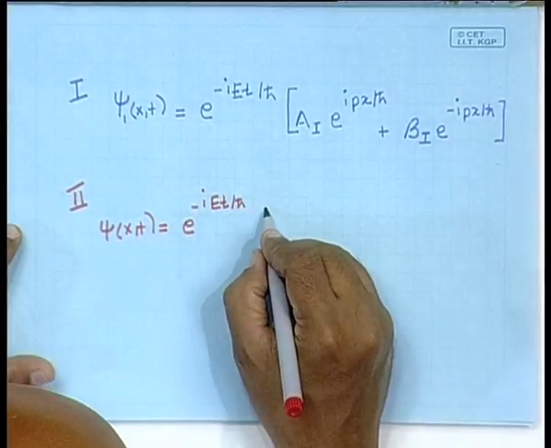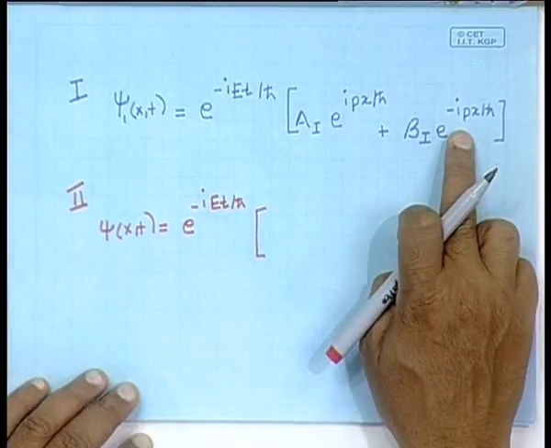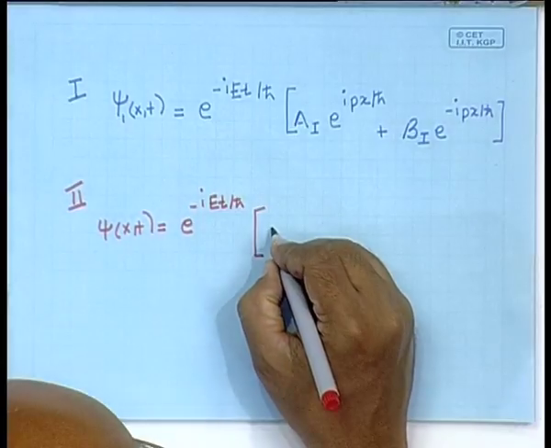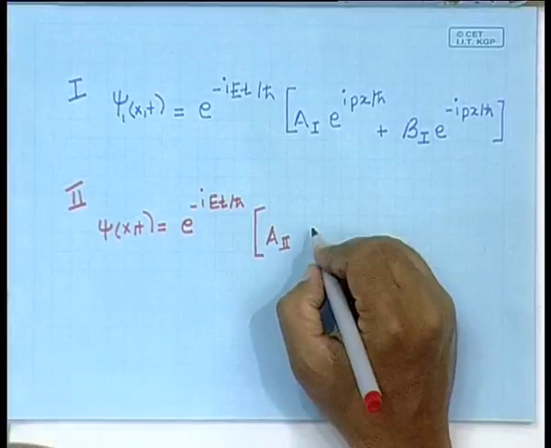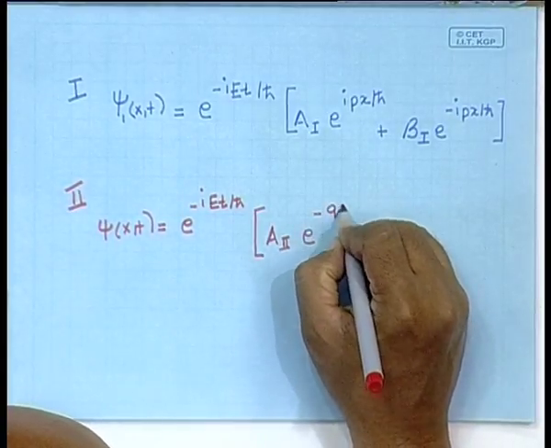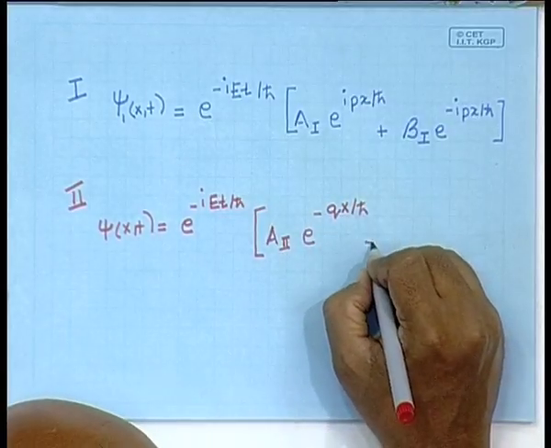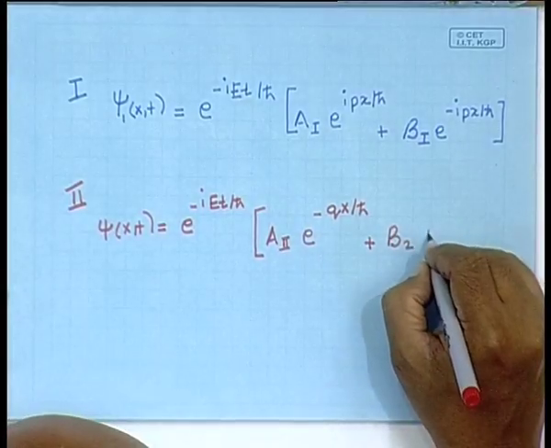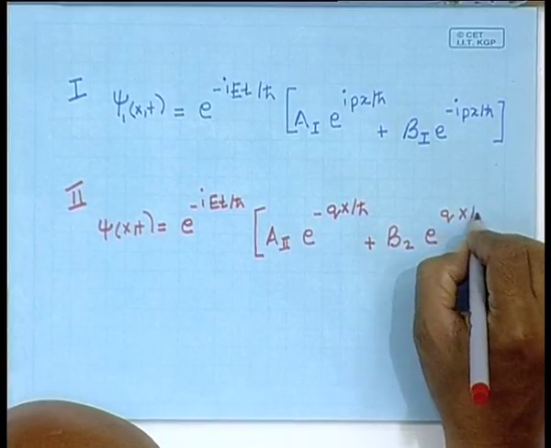But in region 2, instead of an oscillatory behavior, the wave function is going to have exponential solutions of this form: a2 e to the power minus q x by h cross plus b2 e to the power plus q x by h cross.